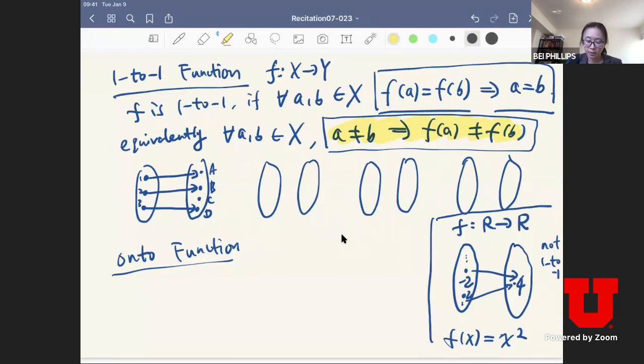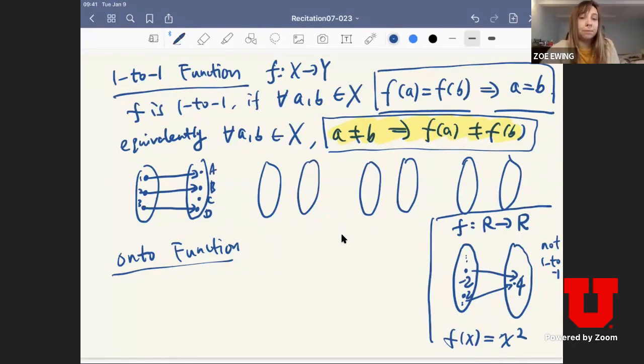Okay. All right, let's go through the example I was drawing. So is this function I just drew one-to-one? There's a couple answers in the chat saying yes. Great.